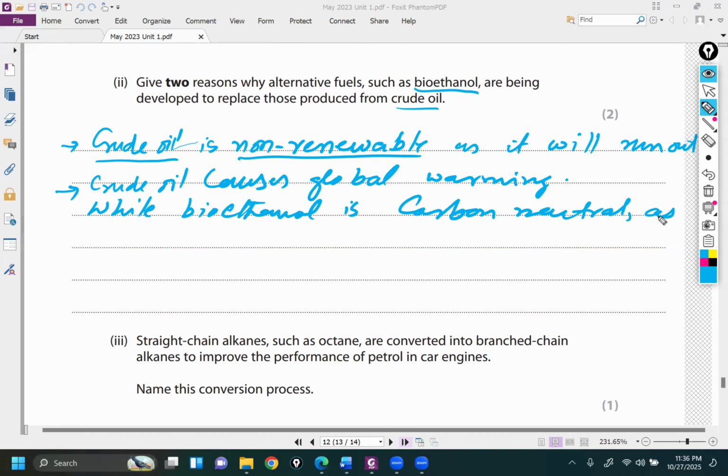Why is it carbon neutral? Because it releases the carbon dioxide gas that was absorbed by the plant during photosynthesis.